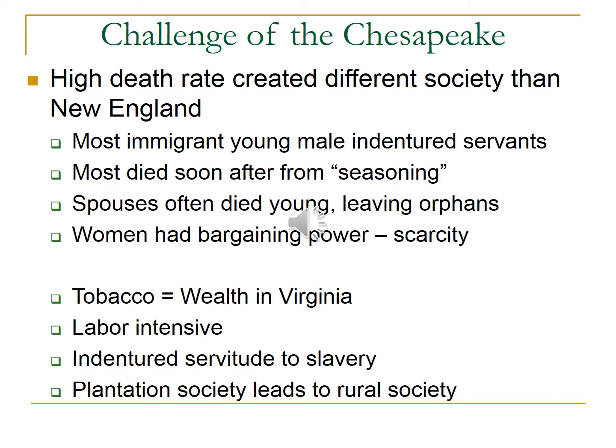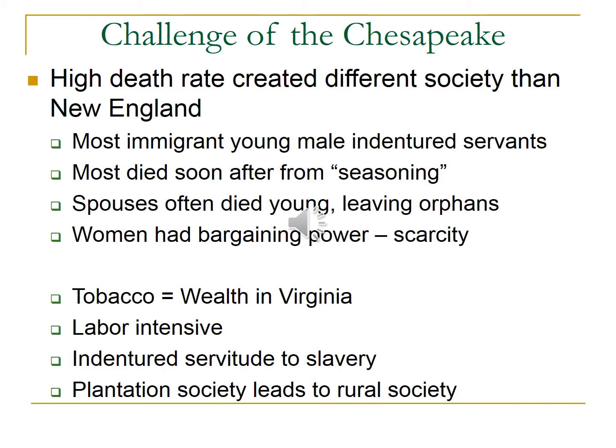And of course, this plantation society, this idea that the huge majority of the land needs to be used for crops, leads to a rural society. There are no cities because these plantations could be huge, and the plantations themselves would be the sizes of cities. But it's all crop, and there's not very many people, just the slaves and the plantation owner's family.